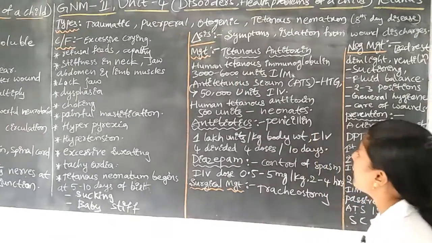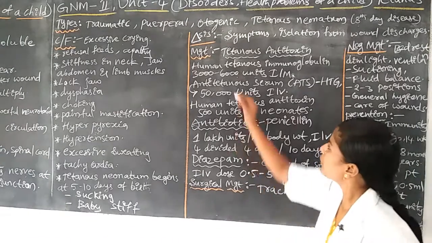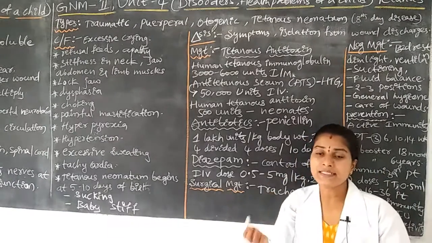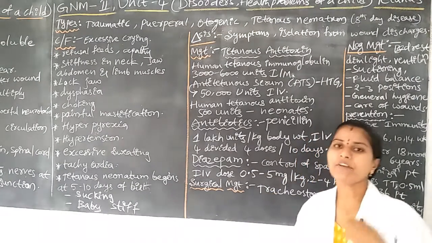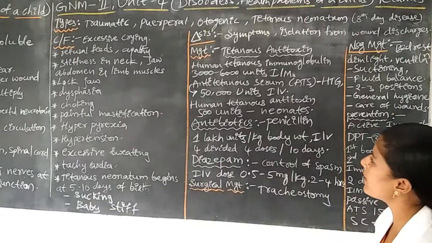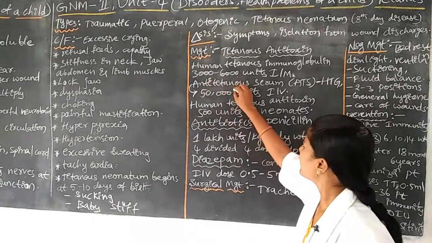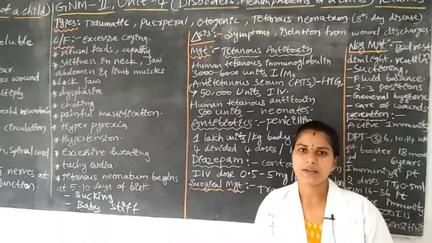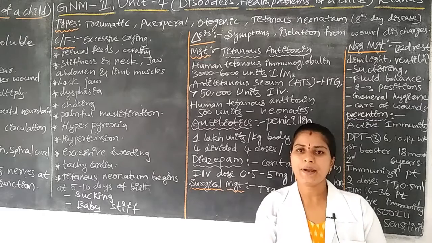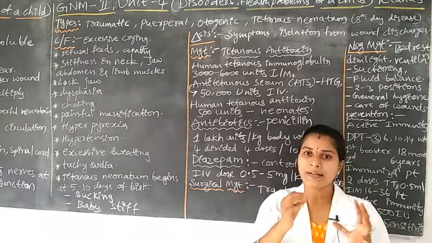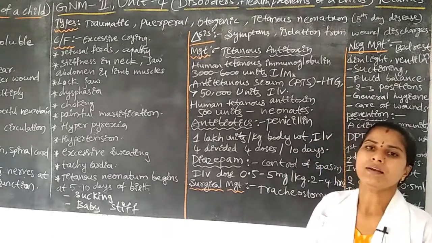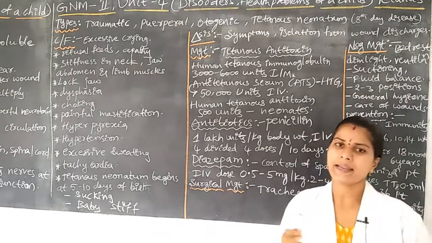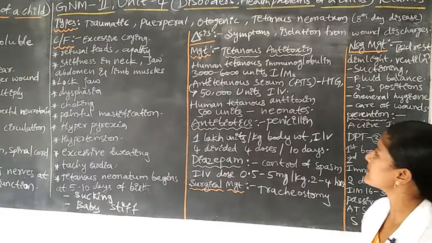Next, another drug. If human tetanus immunoglobulin, TIG, is not available in the hospital, then we go for the alternative drug, that is ATS, anti-tetanus serum.